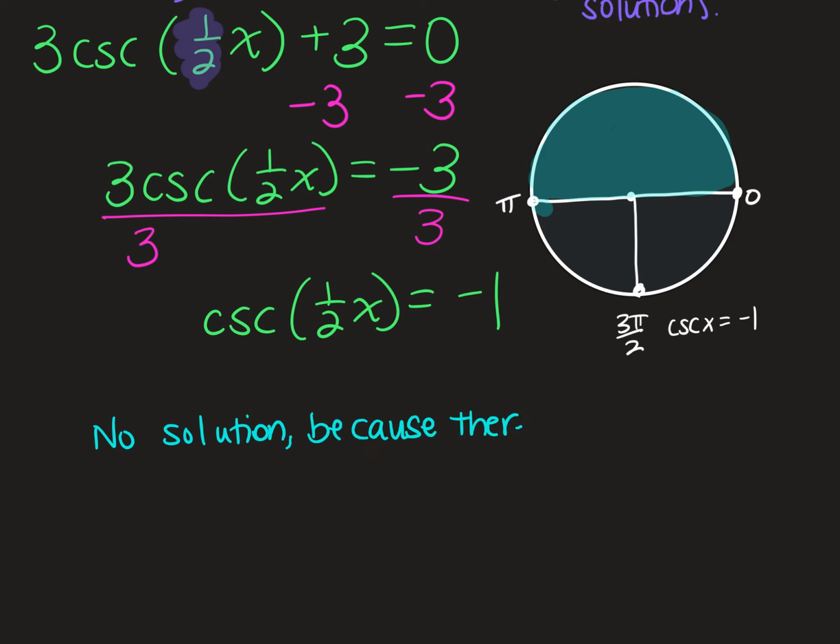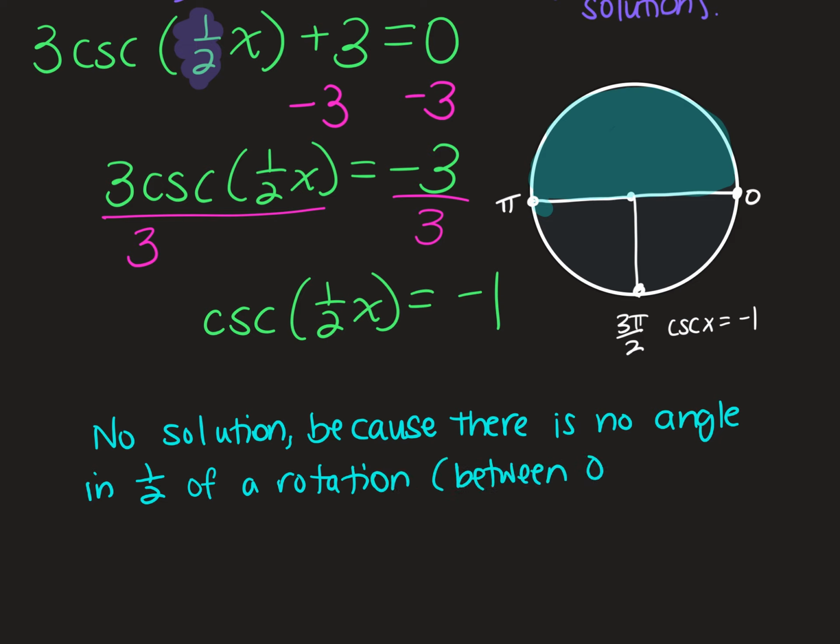There is no angle in half of a rotation, and I'll just put between 0 and 180, that has a cosecant of -1. So our answer is just this, no solution.